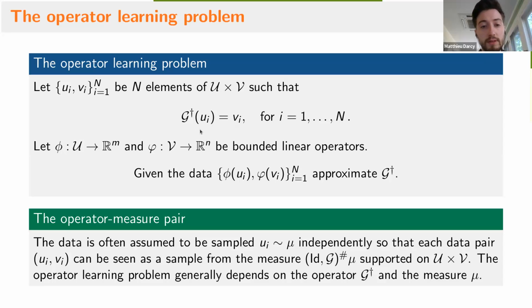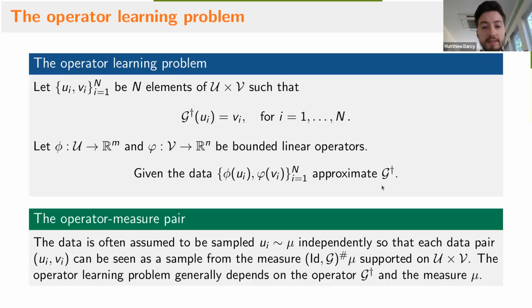So a more specific, precise way of describing the operator problem is as follows. We're going to assume that we have measurements of UI and VI. And these measurements are going to be represented by bounded linear operators, phi and var phi, that map these function spaces to finite dimensional spaces Rm and Rn. And so the more precise version of operator learning is, given these finite dimensional measurements, phi and var phi, of these functions of n samples, we wish to approximate G-dagger.